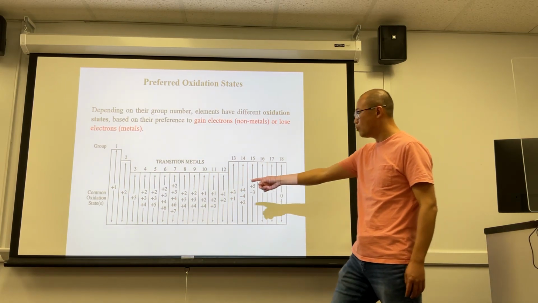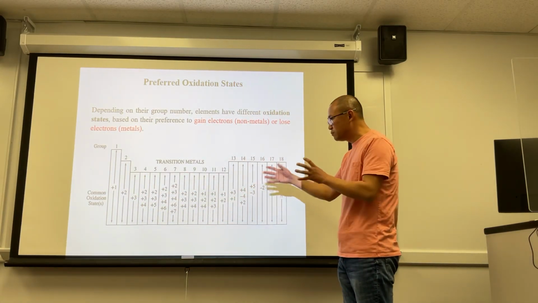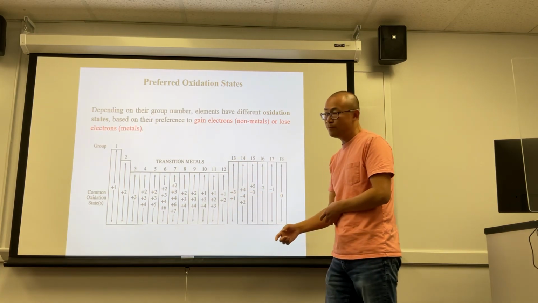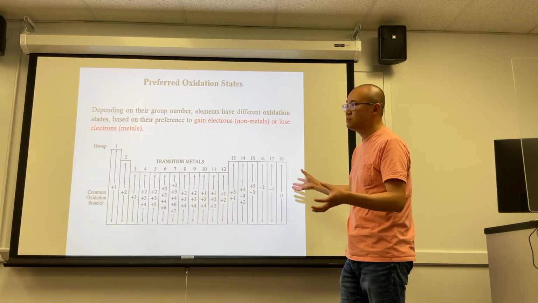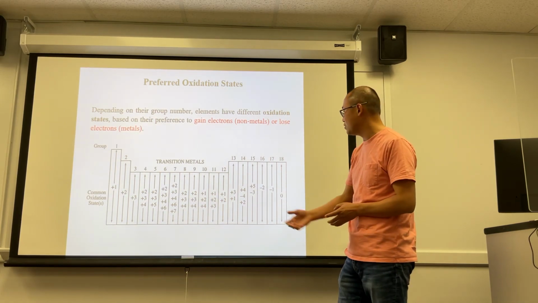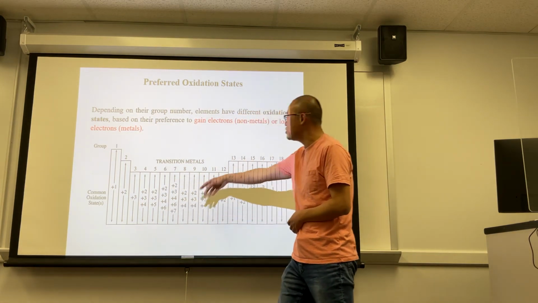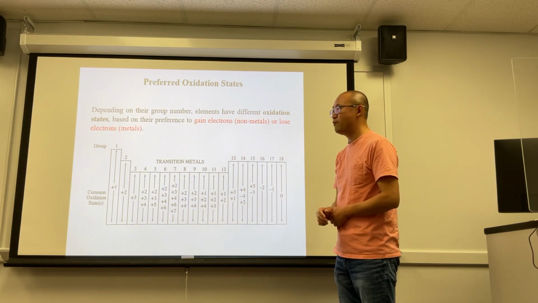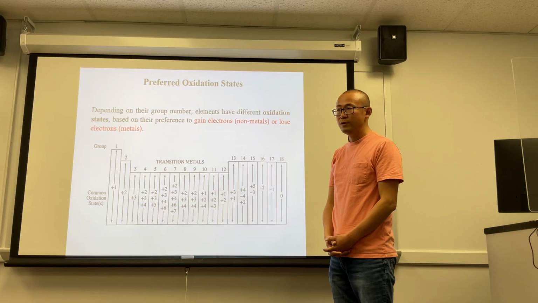The main group elements, like group 1, group 2, group 3, mainly lose 1, 2, or 3 electrons. The nonmetals will gain electrons, the same as their charge. But for the transition metals, their oxidation states can be various, depending on what reaction we're talking about. That's very common for redox.